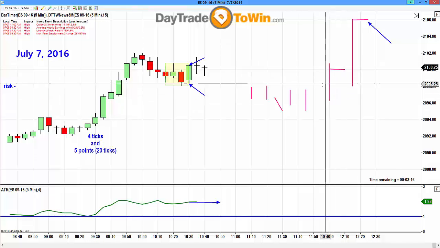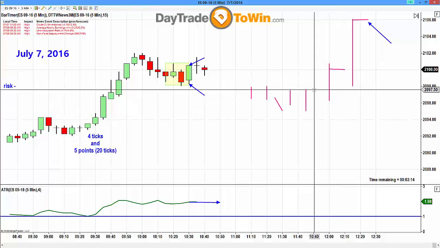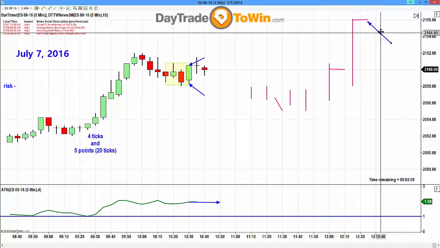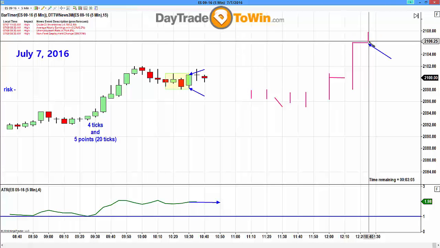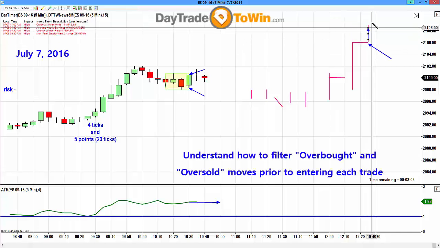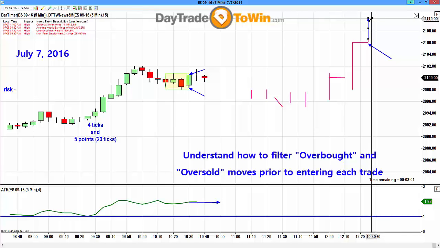So here comes the details. How do I know when I enter long here that the market has enough push and momentum to continue the move up for me to be successful on this trade?